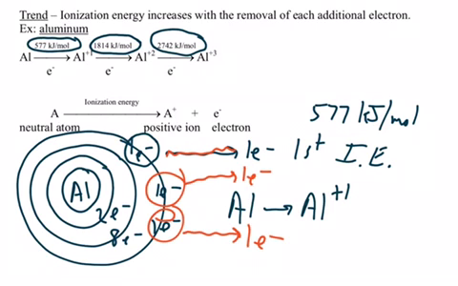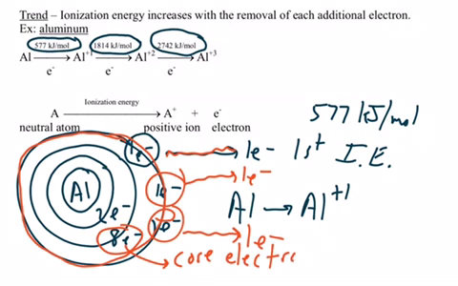Then we're going to remove a third. By the time you remove number 4, notice that the fourth electron is no longer in this outer energy level. It's here in an interior energy level. In order to remove this electron, this is what is called a core electron. The valence electrons are the ones in the outer energy level.